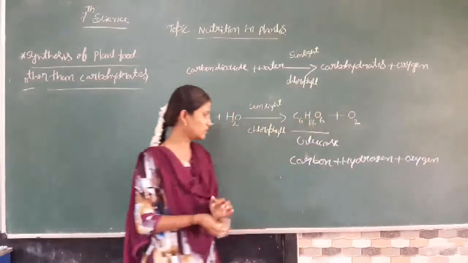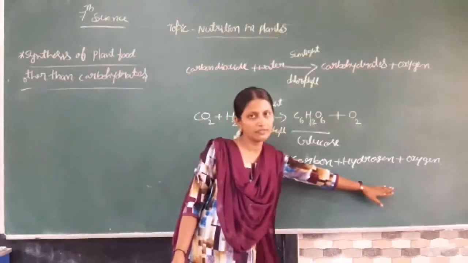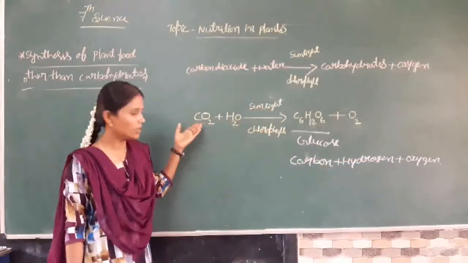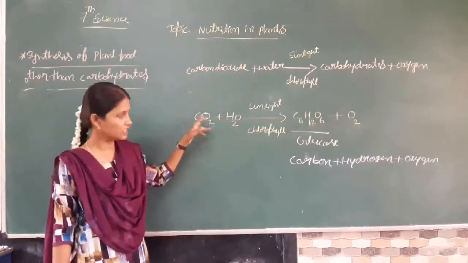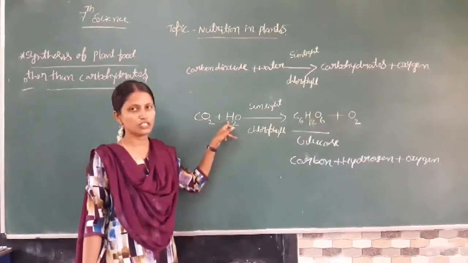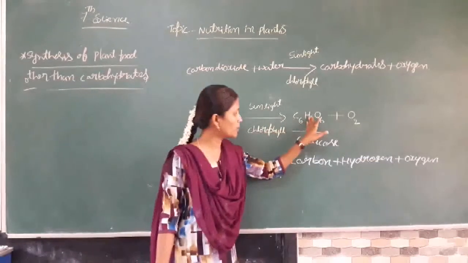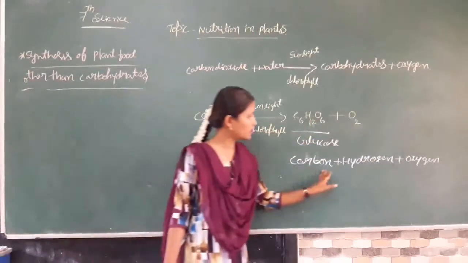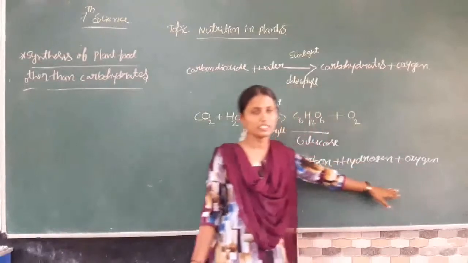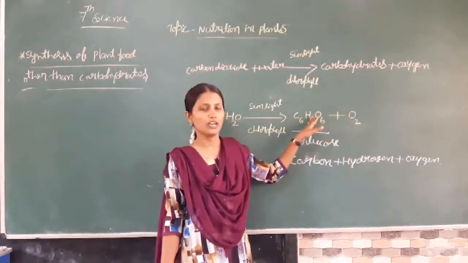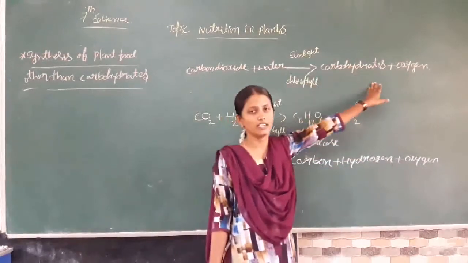Where do they come from? As you know, carbon dioxide contains carbon and oxygen, and water contains hydrogen. So carbon, hydrogen and oxygen are the elements present in glucose, that is, in carbohydrates.